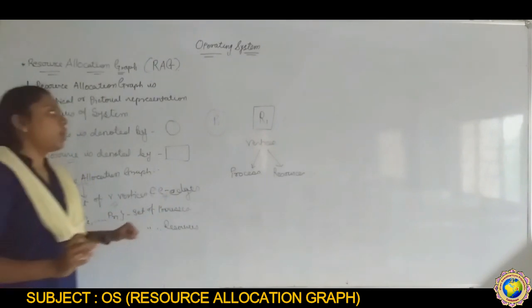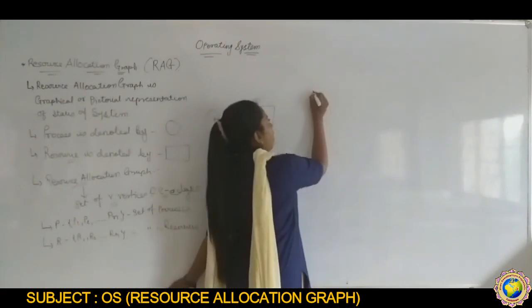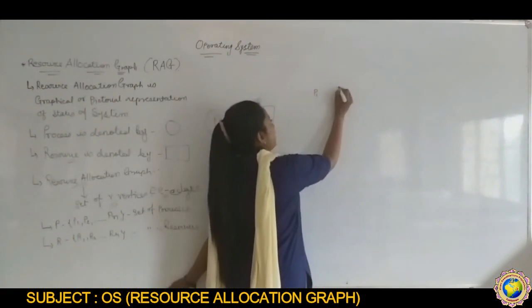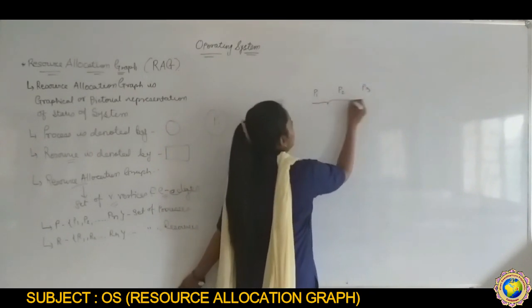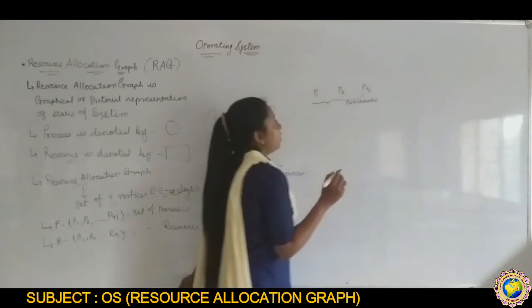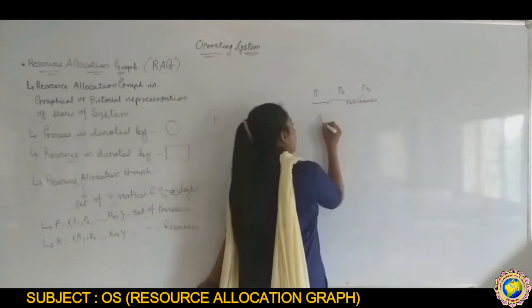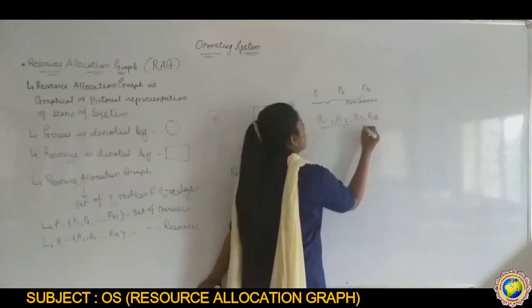Let's take one example. We have three processes, P1, P2 and P3, and we have resources R1, R2, R3 and R4.